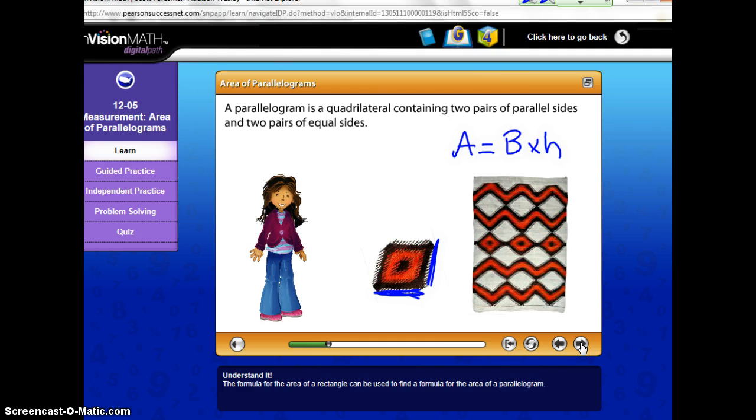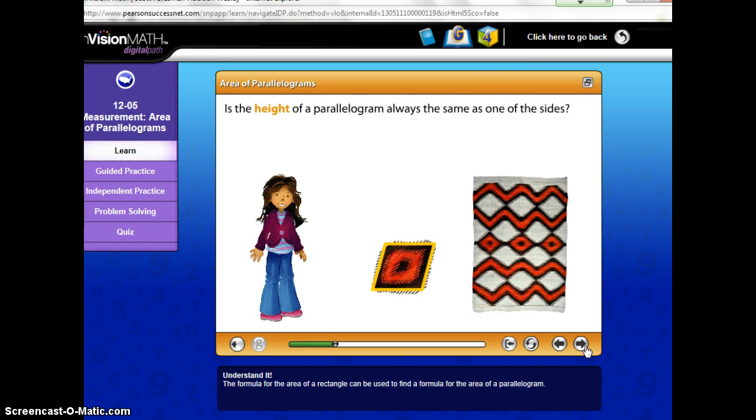We have to go somewhere along this baseline and go straight up from that because it won't be the same measurement as that diagonal line. It doesn't really matter where you do it, but you need to go straight up. The height of a parallelogram, do you think it's always the same as those sides?